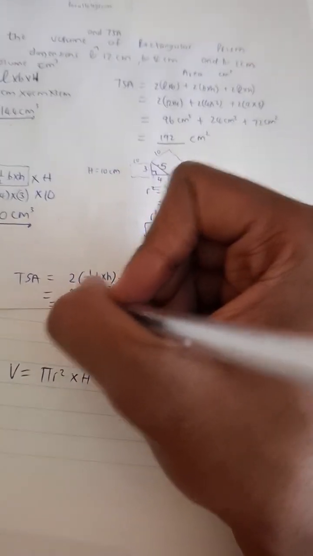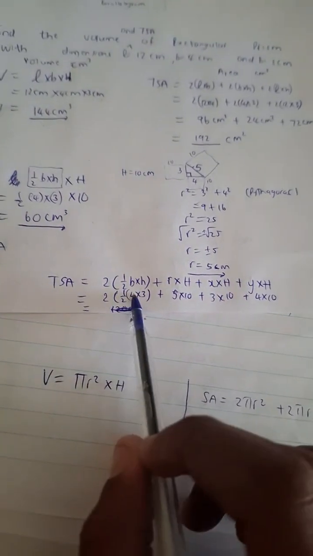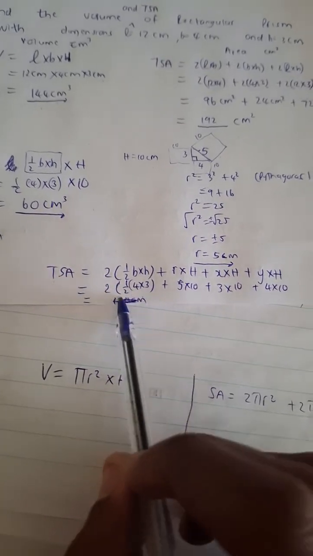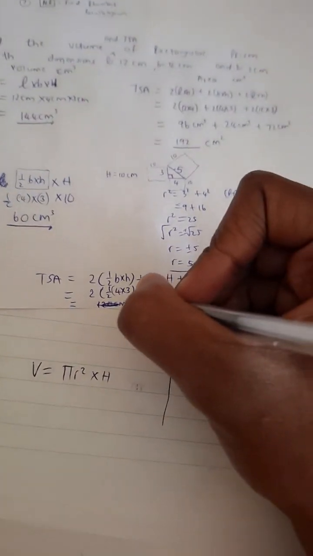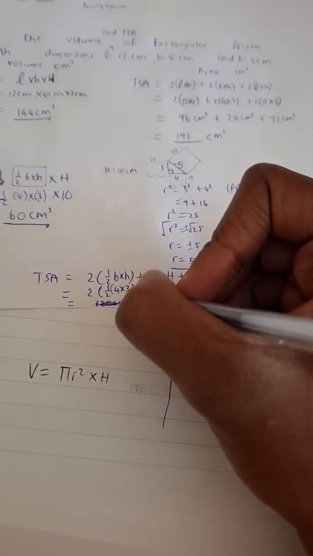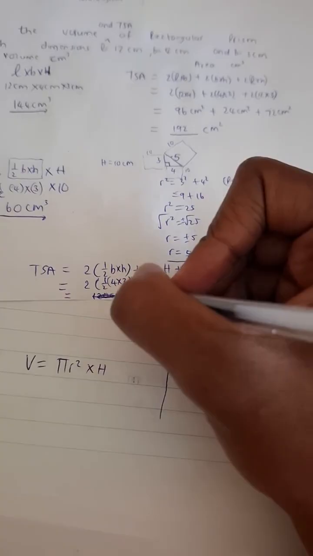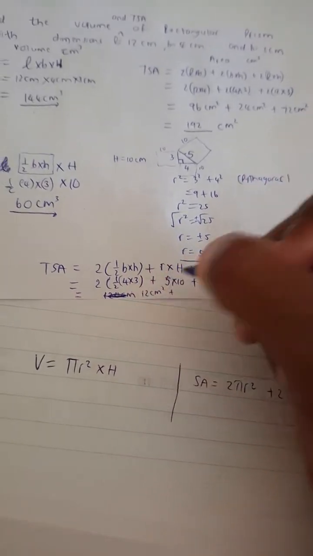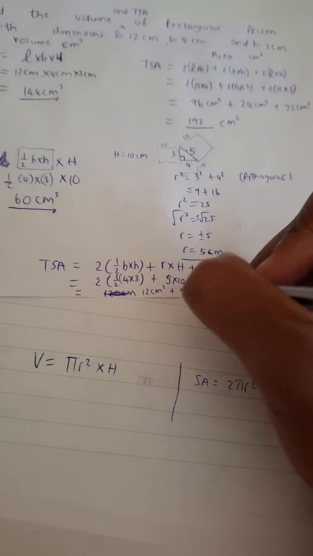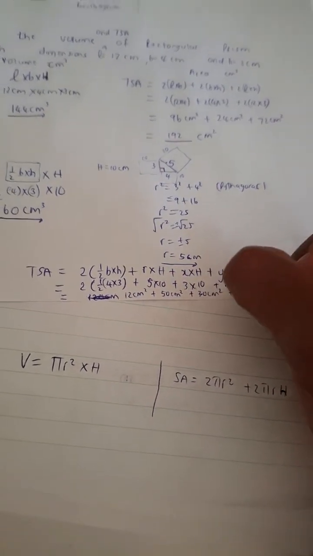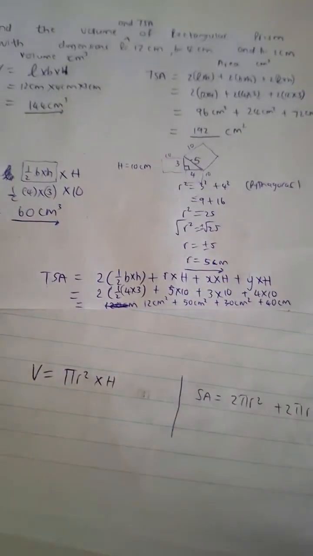No, sorry, I lie. 4 times 3 is 12. Half of 12 is 6. 6 times 2 is 12. So this is 12 centimeters squared plus 50 centimeters squared plus 30 centimeters squared plus 40 centimeters squared.